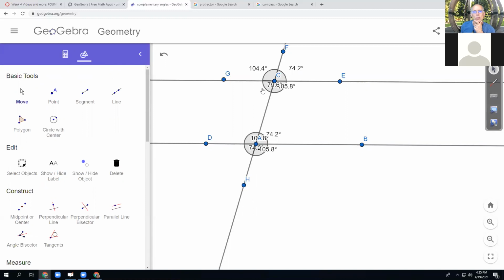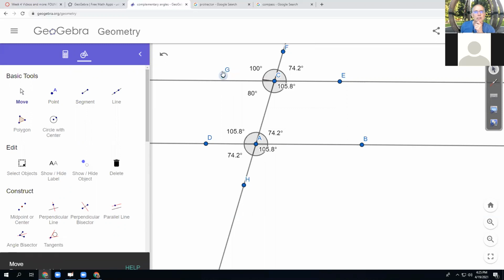Oh, well, this is interesting. Oh, I know what went wrong. My point G isn't actually on the line. Fix that.